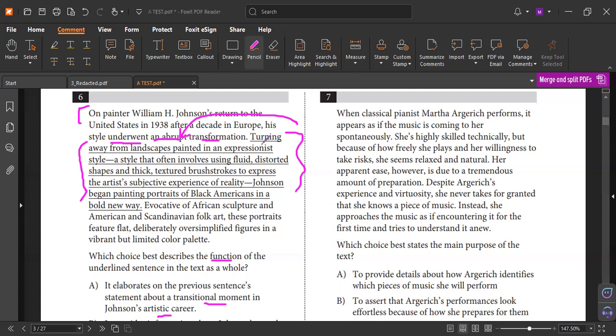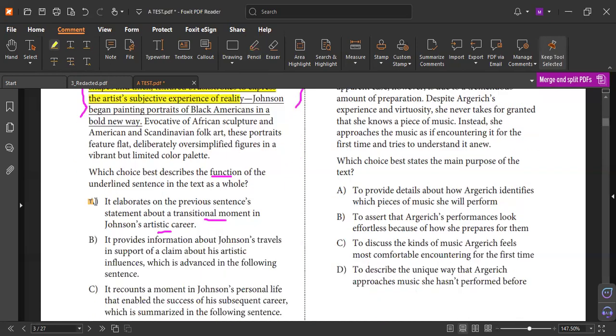He said turning away. He left something, he goes to something else. And the author already gives me what is meant by the expression, style between two dashes, details to explain something before. So the style of writing helped me to understand. So turning away, who did this action? John began painting portraits of Black Americans in a bold new way. So it could be letter A.